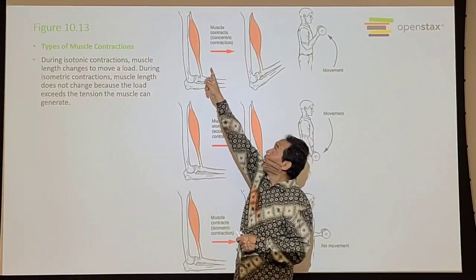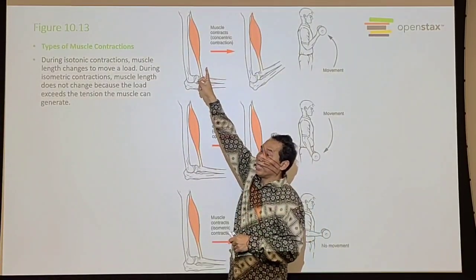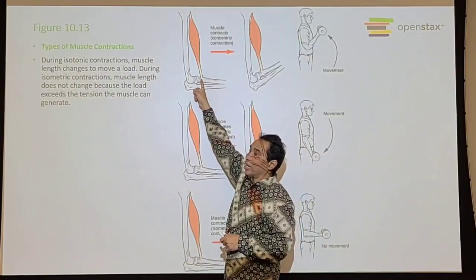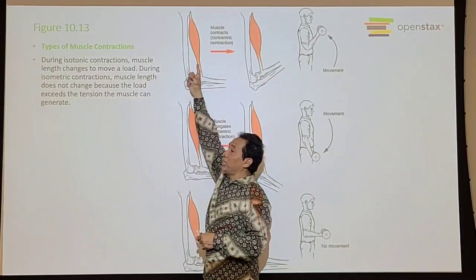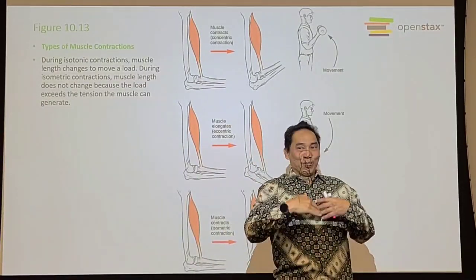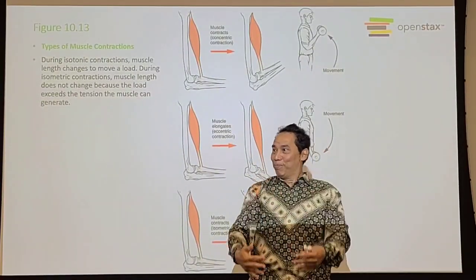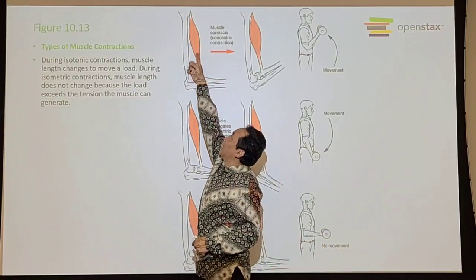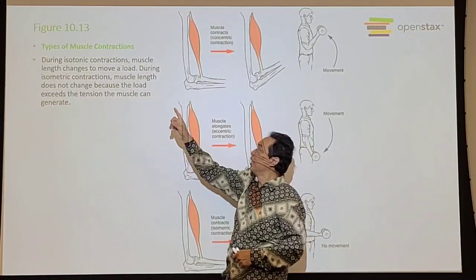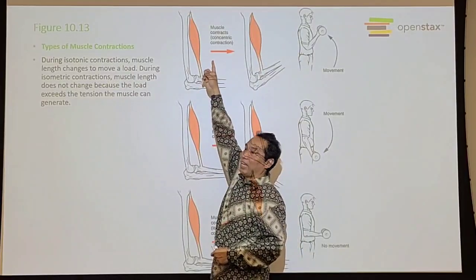You have two tendons in one muscle, origin and insertion. You with me? And the muscle itself over here, because it looks like a belly, you know, when you eat more, it's your belly, big belly, this muscle is called the belly. You get it? So a muscle has belly, insertion, and origin.